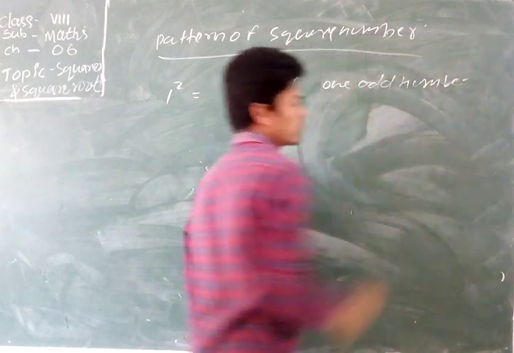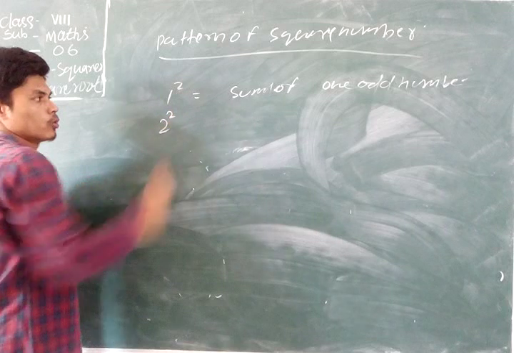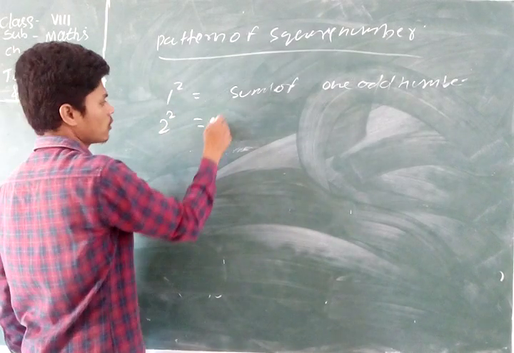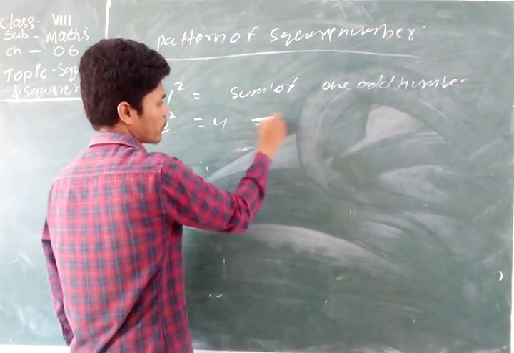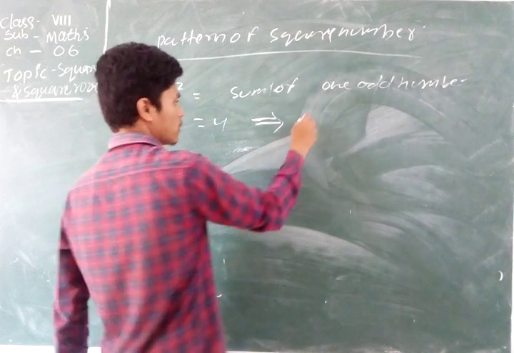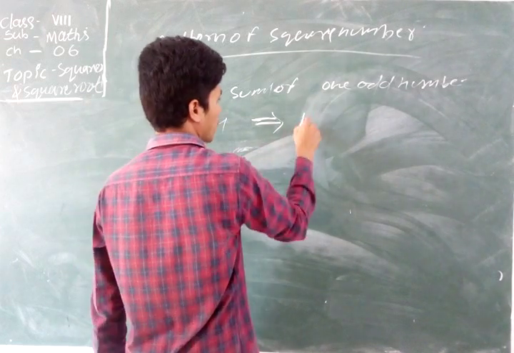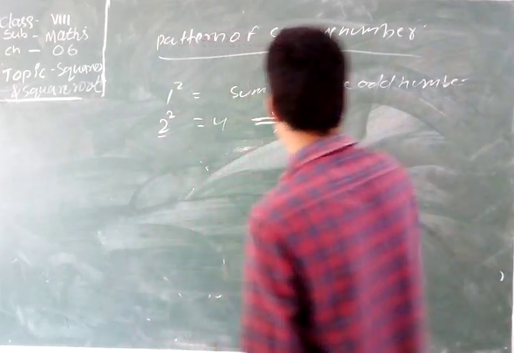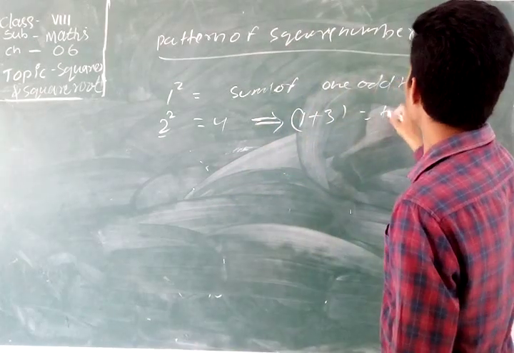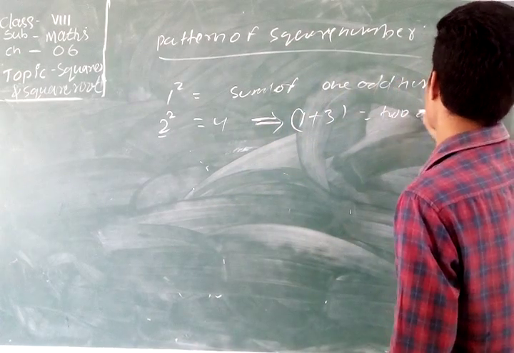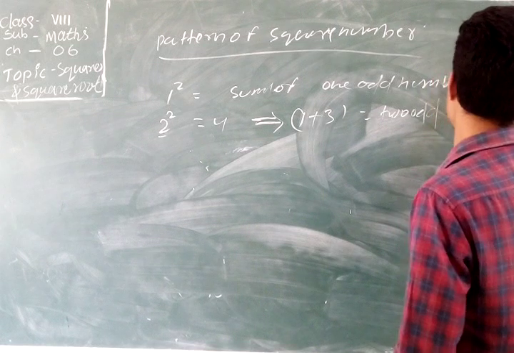Now 2 square means 4. We can write the pattern 1 plus 3 equals 4. So 2 odd numbers.